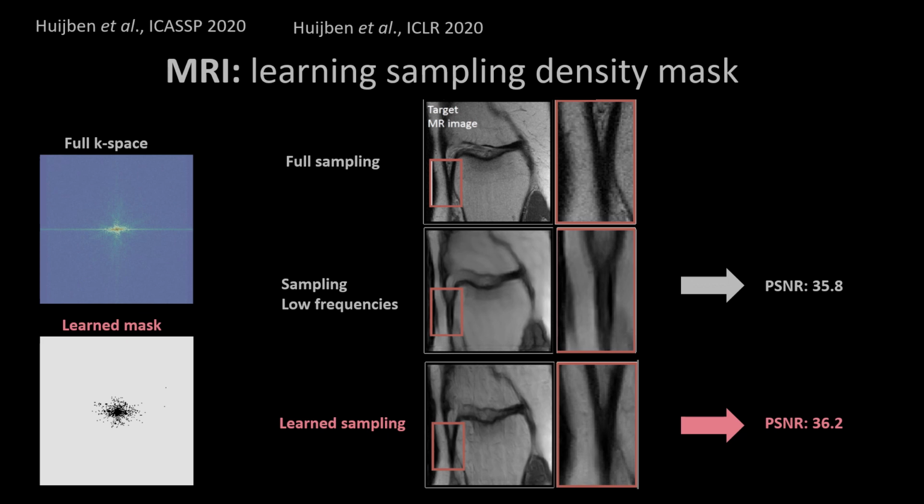Now, without going too much into the details of that, what you see in this image is that by learning the sampling scheme jointly with the reconstruction model, it really matters if you learn your sampling properly versus simply naively selecting, for instance, just the low frequencies in the full K-space. And you can clearly see that for the same reconstruction model, you get not only a better PSNR, but it's clear from the image that you really get a better performance. So this means that regardless of how well you can do reconstruction, it does matter how you actually acquire the data. And by learning that jointly, you basically have another opportunity.